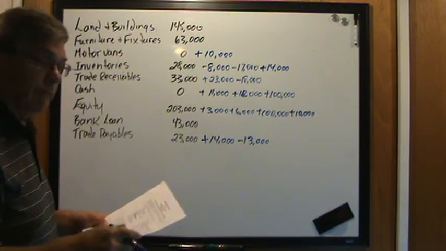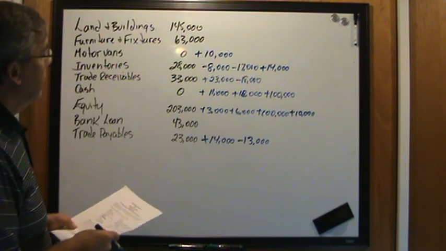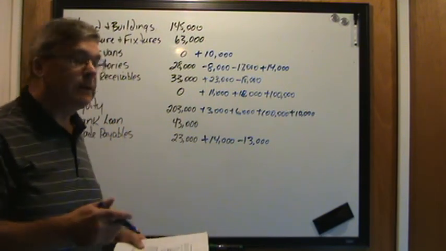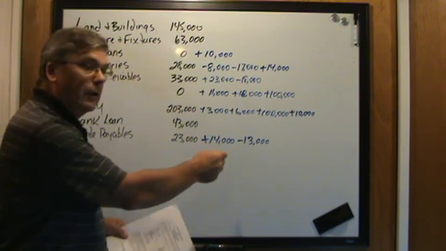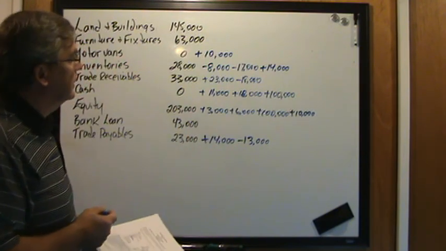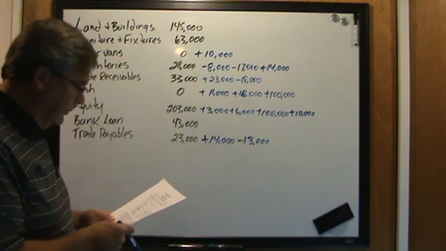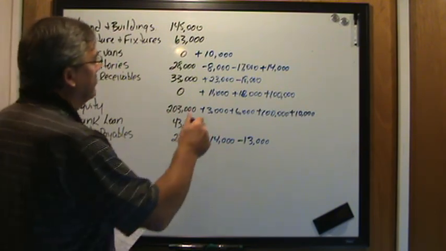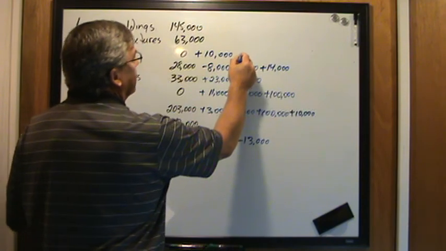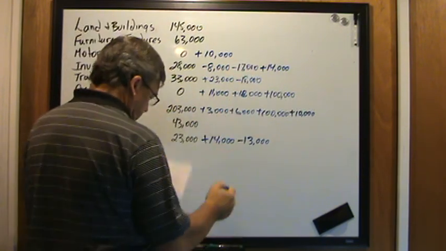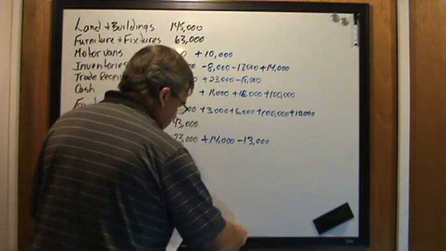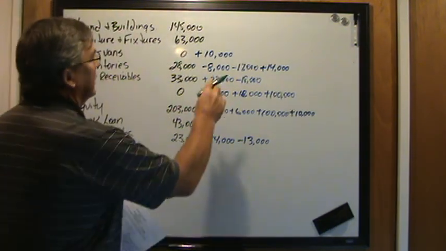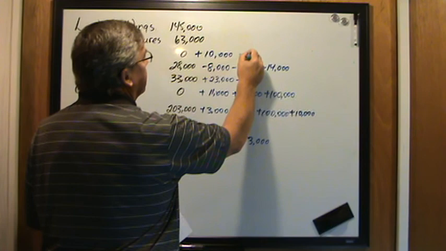Okay, so that's the end of those discussions. So now you go through and you notice there's a few accounts here that have not been affected, so they carry automatically into the next balance sheet. But let's total these up and see what we have to work with. Motor vans, I'll put this in green, motor vans equal to 10,000.